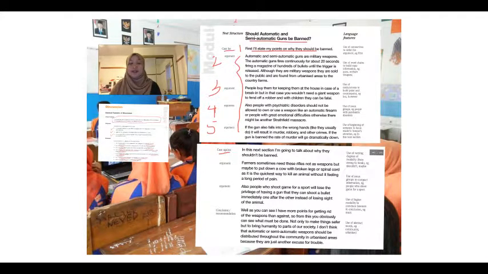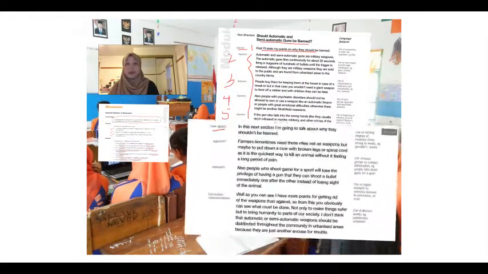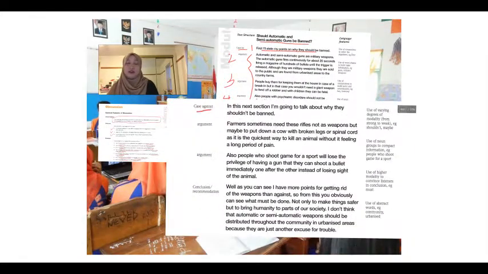So next paragraph, or paragraph 6, serves as a statement outlining the next case or issue. So why automatic and semi-automatic guns should not be banned. So this is the cons position in the discussion. So in this case, the author would begin to provide reasons for those who are against or in the cons position on the ban.